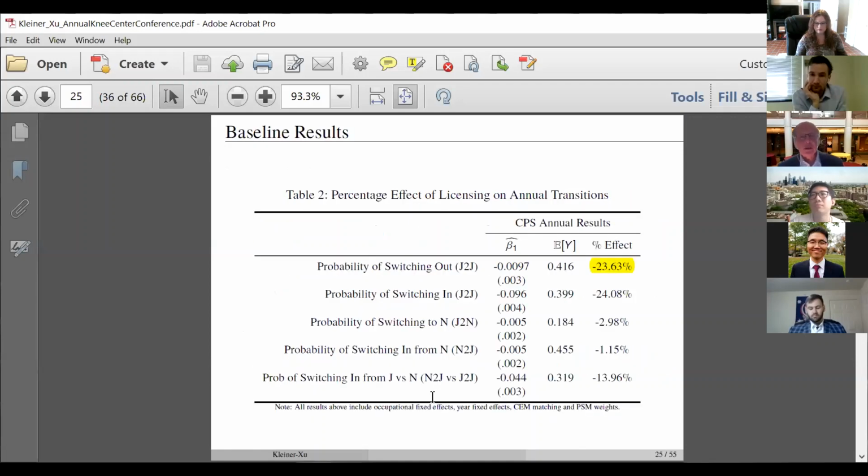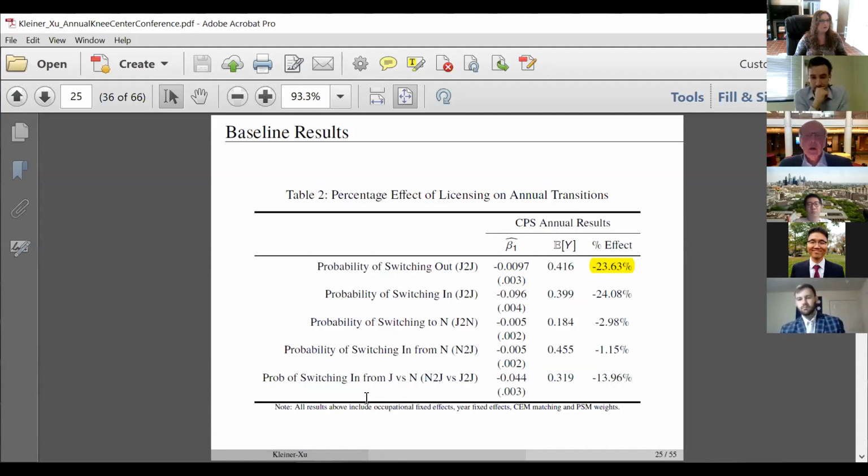So what are our results? These are the percent effect of licensing on annual transitions. These are the coefficients. In the first column are predicted values, and the percent effect is that the probability of switching out of a licensed occupation is almost 24% less when you're in a licensed occupation.